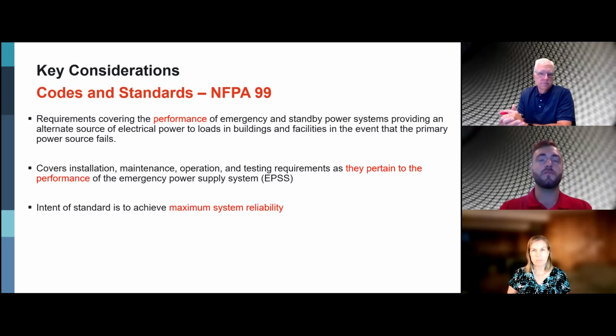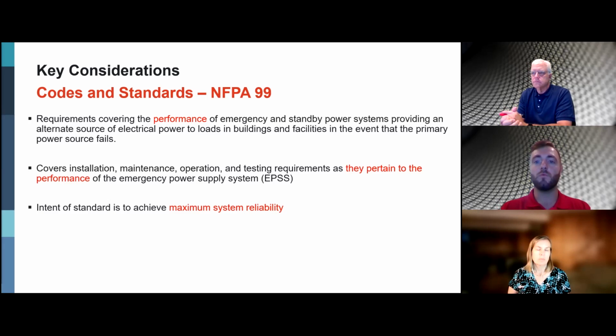So next on the list of codes and standards associated with emergency power supply systems is NFPA 99. NFPA has a multitude of codes that outline the requirements for a multitude of applications and equipment. However, specifically for healthcare, we need to take a look into NFPA 99 as it pertains to healthcare facilities and the code.